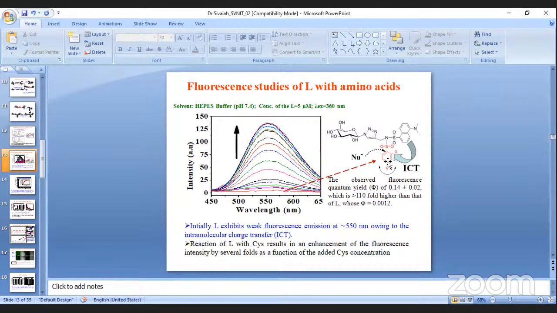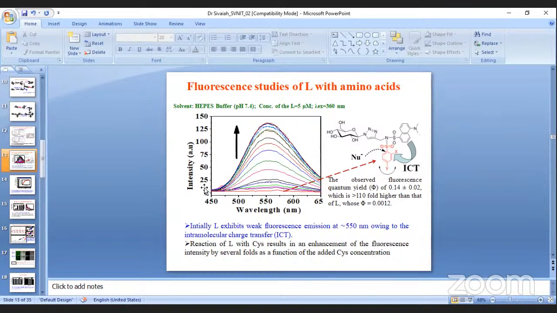If you look at the initial fluorescence, there is charge transfer from the electron rich moiety, the dansyl moiety. Once the charge is transferred from the dansyl moiety to the electron deficient moiety, obviously the fluorescence is very, very low.